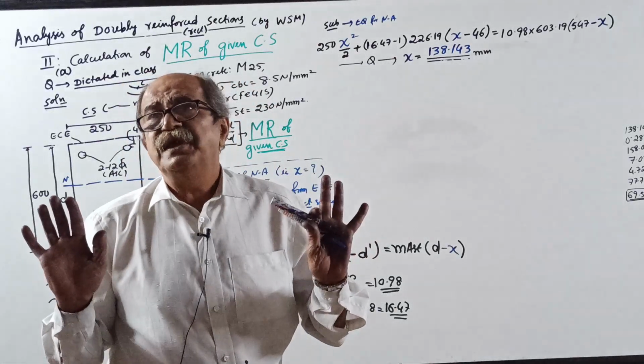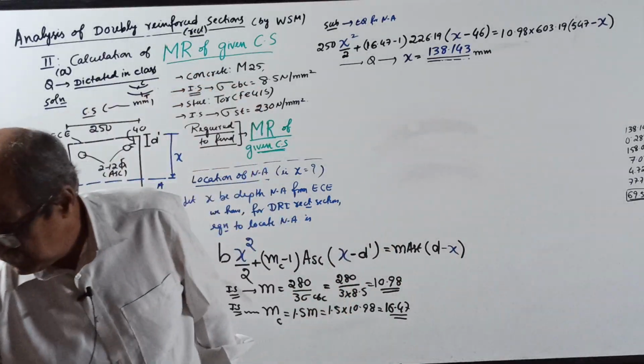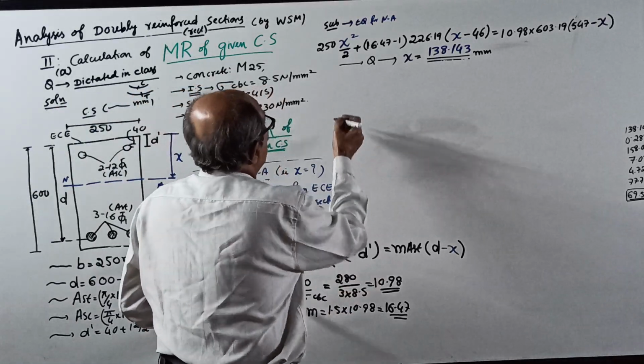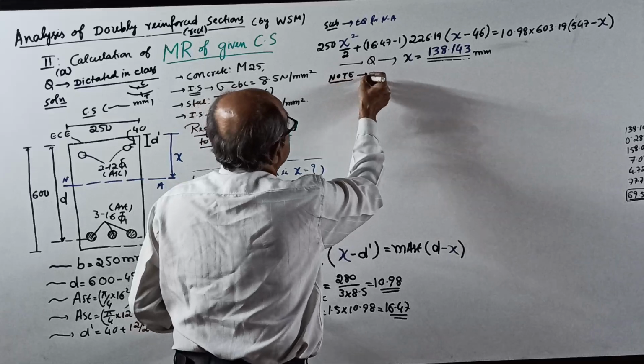Now, what I am doing is writing the x we got. Now, the MR equation. I write the MR equation. See, now the color changes. Now, one small note. If you want, you write here, note. I will dictate here, you write.